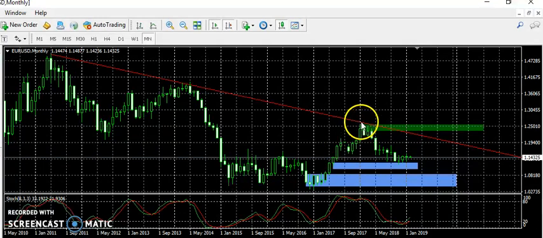So after price went back up and respected this level here, came here, and as we can see, this is actually a weekly region. So when we get to the weekly time frame, we will analyze this.